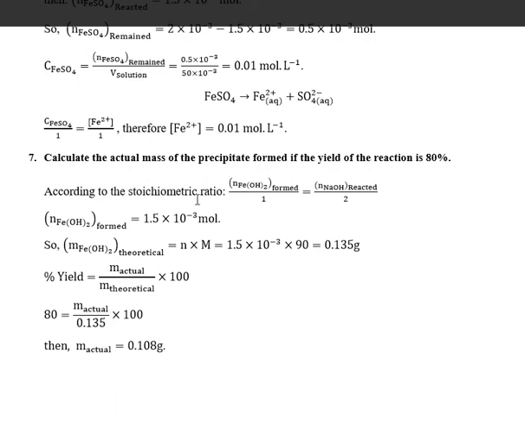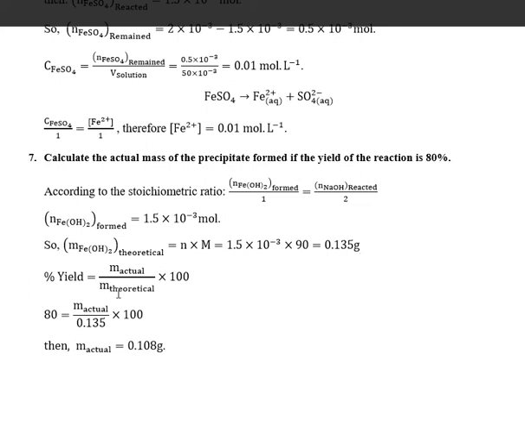So according to the stoichiometric ratio, you can calculate the number of moles of Fe(OH)2 formed by taking it with the limiting reactant NaOH. So its number of moles is 1.5 times 10 power minus 3 mole. From its number of moles, you can deduce the theoretical mass of Fe(OH)2, which is equal to number of moles times molar mass, equal to 0.135 grams.